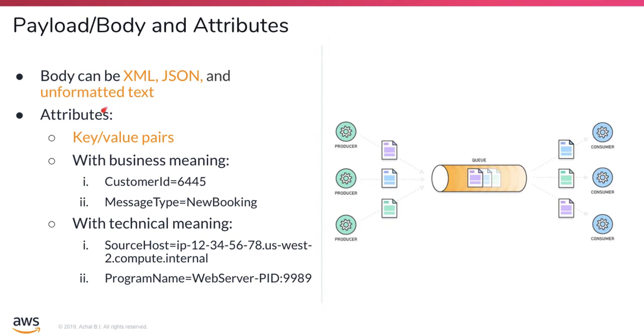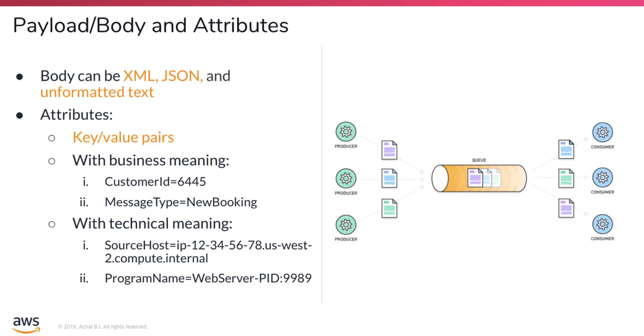It also contains attributes, and these attributes contain key value pairs, which can hold values with business meaning or technical meaning. It could hold both of these kinds of information outside the actual message body. So as and when you create a message, you could associate the message with a body and attributes.